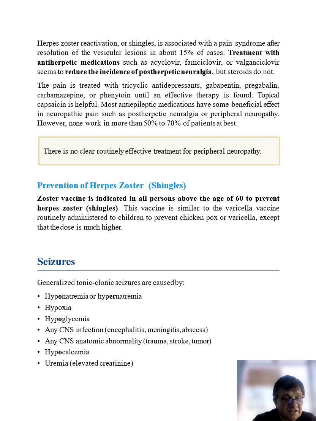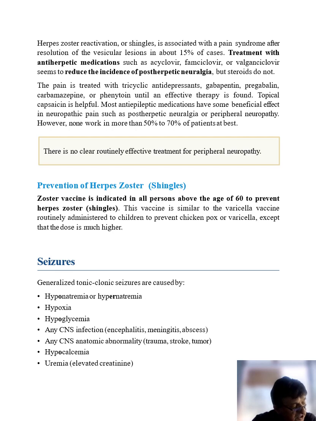Let's discuss the next topic, which is delirium, stupor, and coma. These terms represent variations of the spectrum of abnormalities of altered consciousness or unresponsiveness to stimuli.